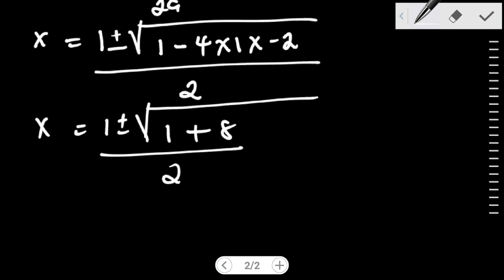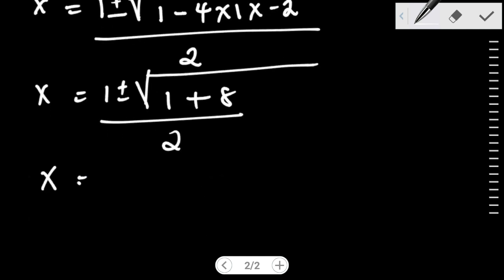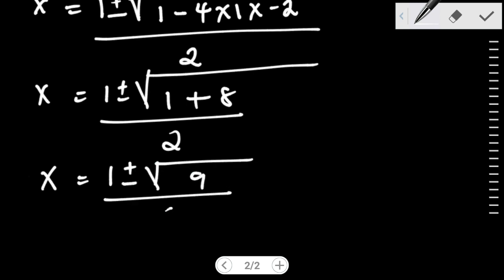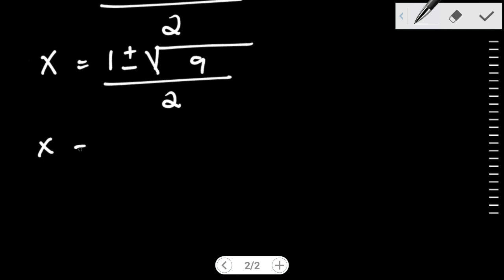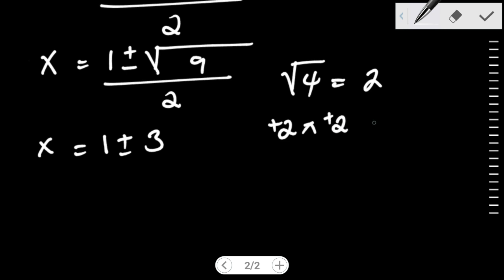All over 2. In this case, I'm going to have x equals 1 positive or minus root of 9 all over 2, so x would be equal to 1 plus or minus 3, because for example, if I have the root of 4, we cannot say that this is only 2, because we know that positive 2 times positive 2 would get a 4, and a negative 2 times a negative 2 would still get a 4.